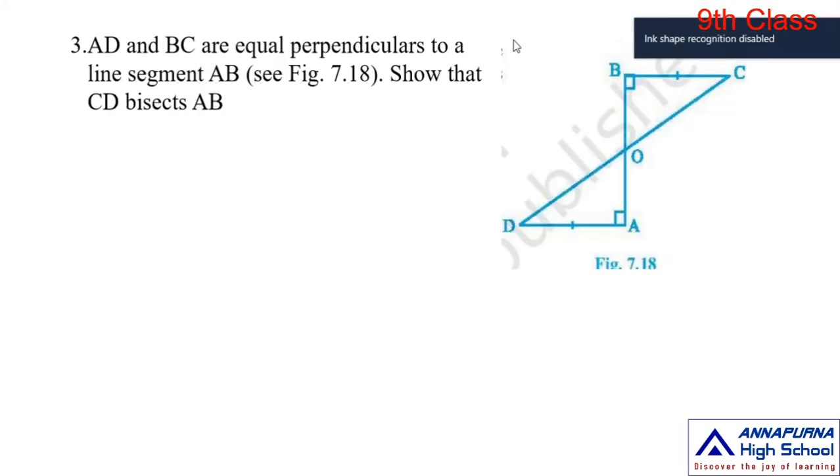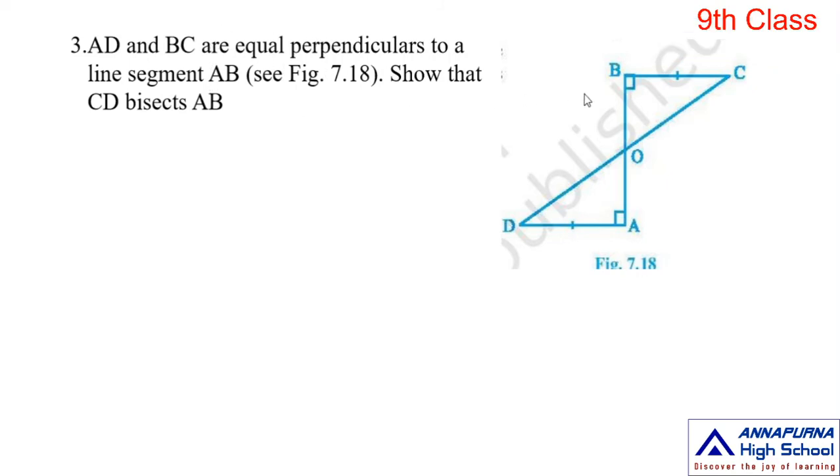Start the third problem. AD and BC are equal. These two line segments are equal, and perpendicular to the line segment AB.